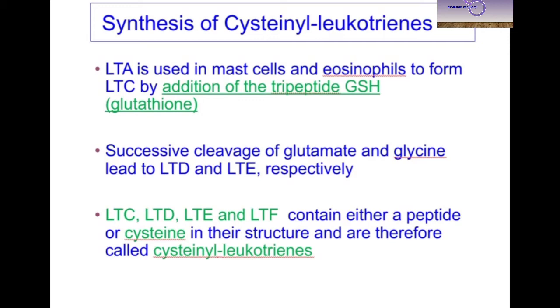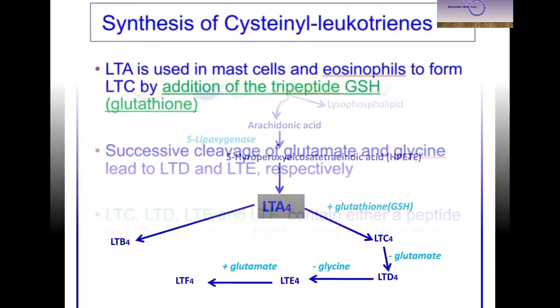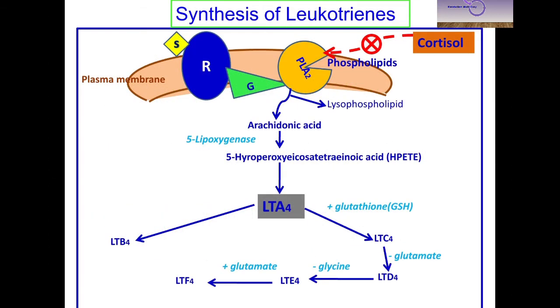So one important reminder is that cortisol will still have a very important effect here on phospholipase A2. Again, by inhibiting phospholipase A2, you won't produce arachidonic acid. You will not synthesize any leukotrienes as a result.